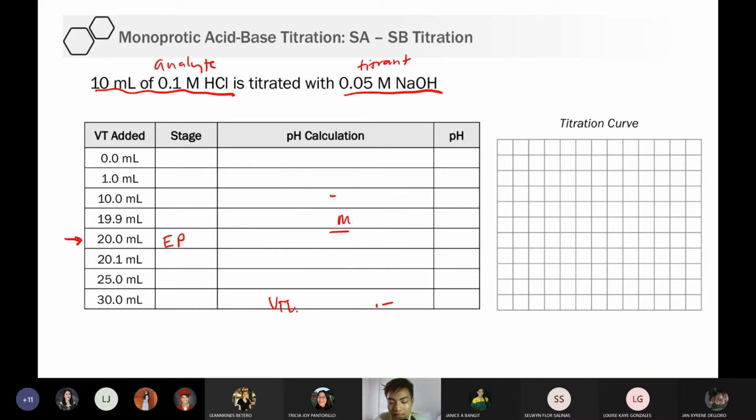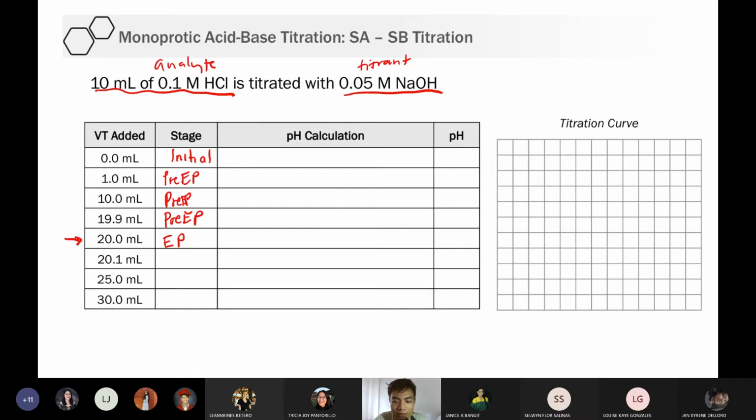Mag-assign na tayo. Binura ko na ha. Pag 0 ml, malamang yan yung initial. Pag 1 ml, less than 20 yan, so ito yung pre-equivalence point. Ito rin, pre-equivalence point. Pag 20 na, equivalence point na.